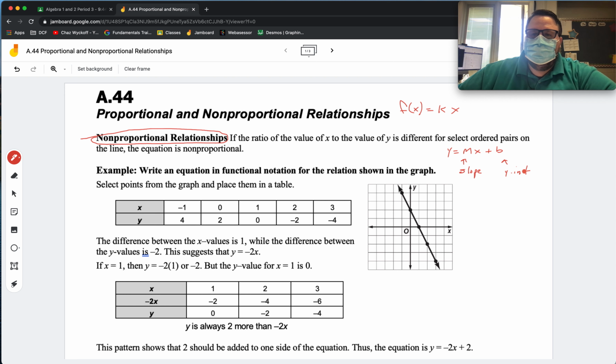So we're going to write our equation using that same equation, y equals mx plus b, but we're actually going to use f of x. Instead of naming it y, we're going to say f of x equals mx plus b.